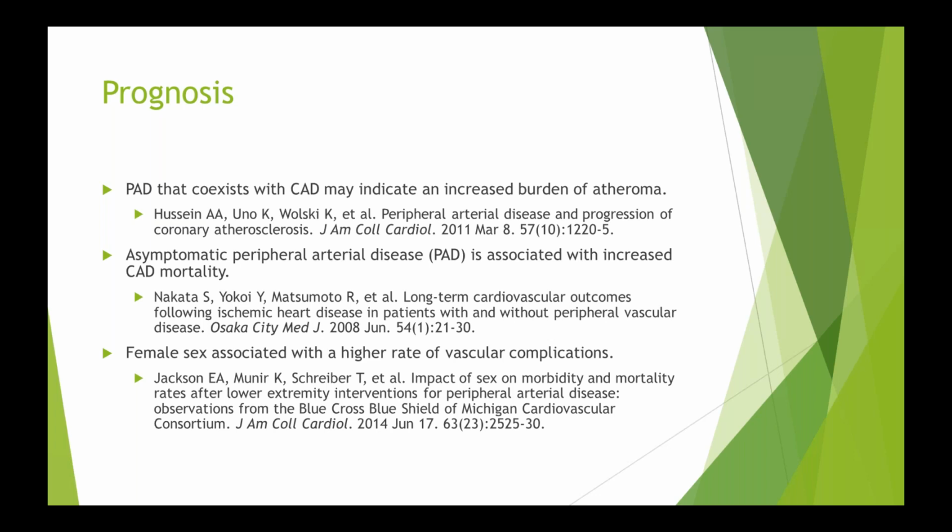Peripheral arterial disease that coexists with coronary artery disease is a significant problem for many physicians who need to treat these patients. In this first study, by Hussein, they demonstrated that peripheral arterial disease that coexists with coronary artery disease indicates increased burden of atheroma, and that's associated with increased morbidity and mortality.